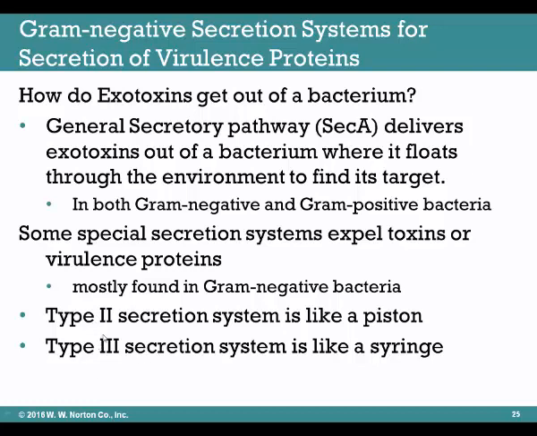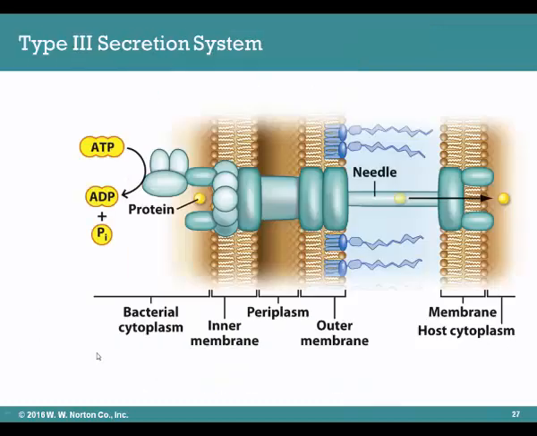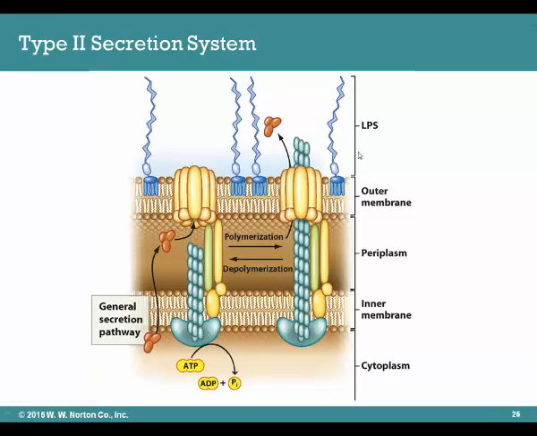Two types that I'm going to go over are the type 2 secretion system and the type 3 secretion system. Both of these allow for the release of the toxin to the outside of the cell in a more specific way.